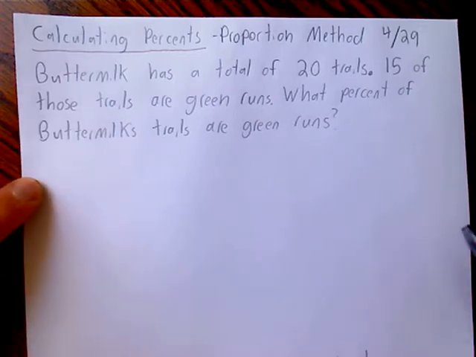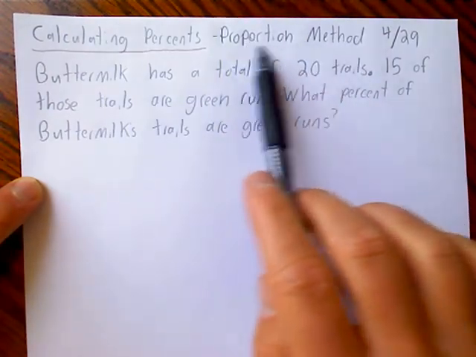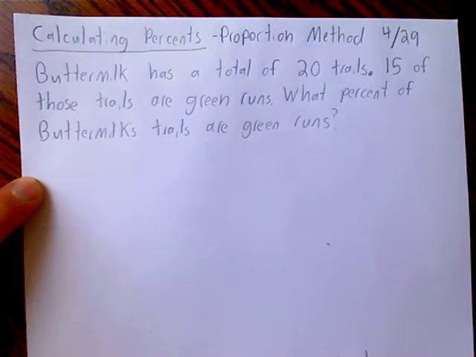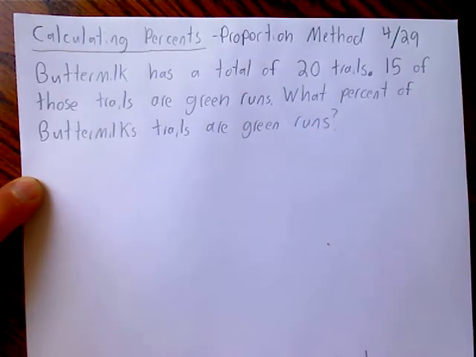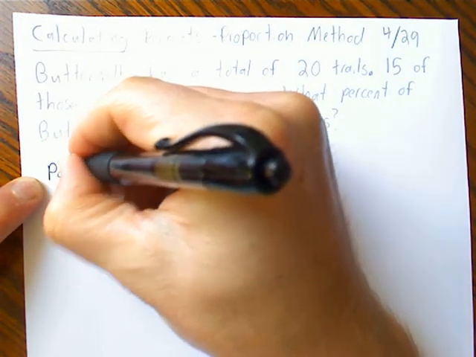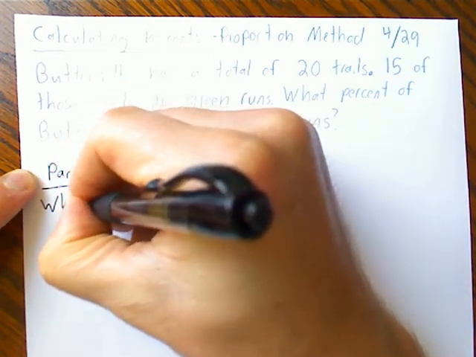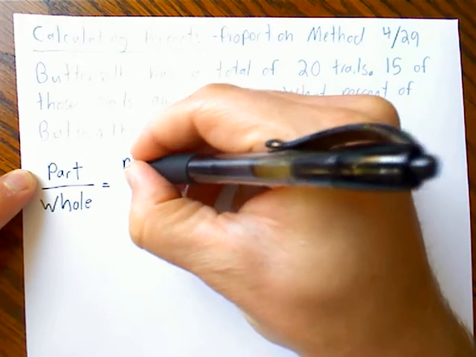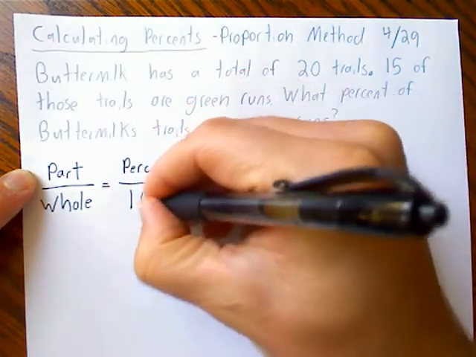The method we're going to use to solve this problem, what percent? First, we're going to use the proportion method. We're going to use this for a few days. I'm going to introduce another method later, but for now, all we need to know is the proportion method. And the key to the proportion method is this: part over whole equals percent over 100.